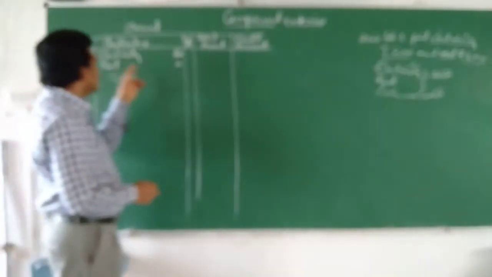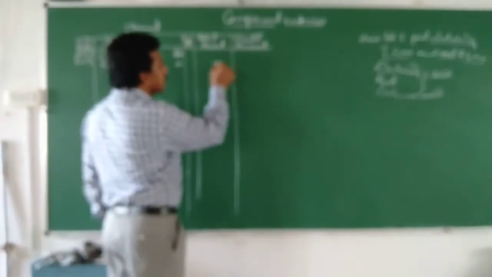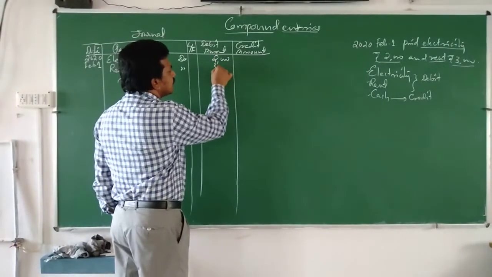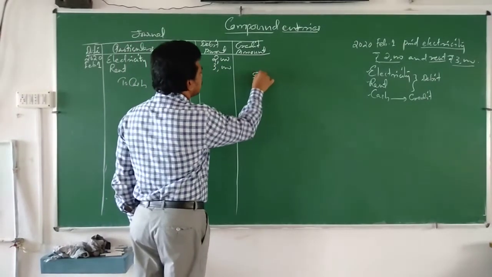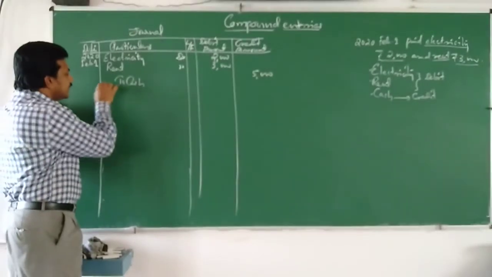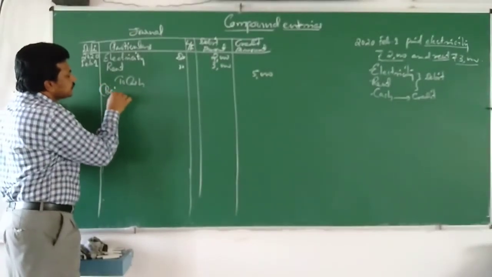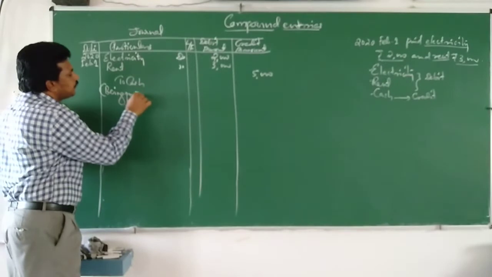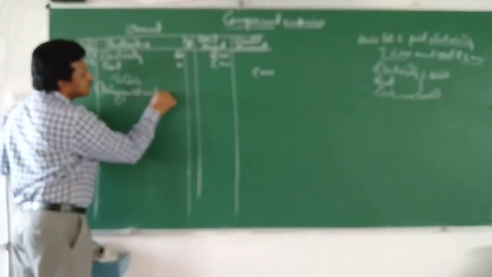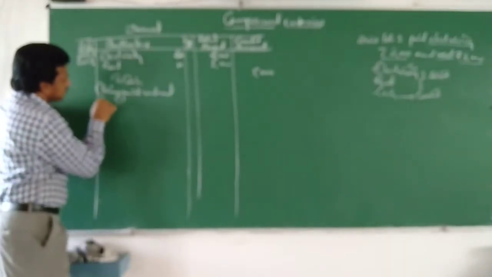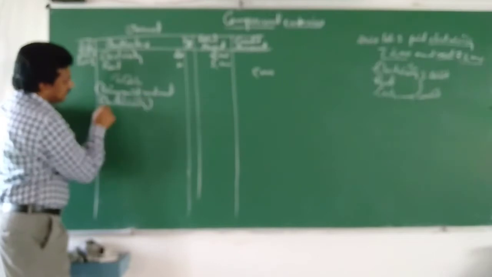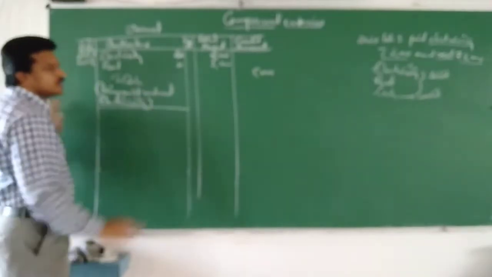Electricity 2000, rent 3000, total 5000. 5000 is the cash credit. Narration: paid rent and electricity. That is the journal entry.